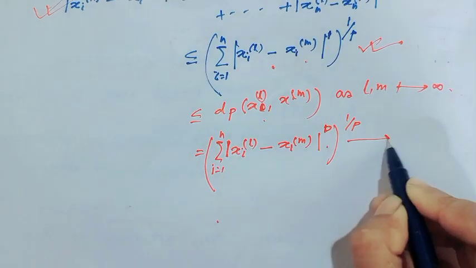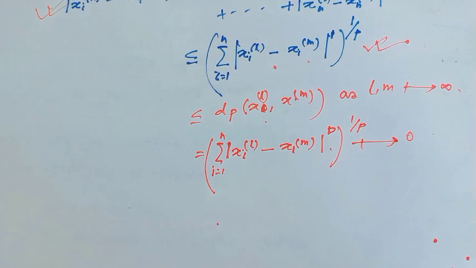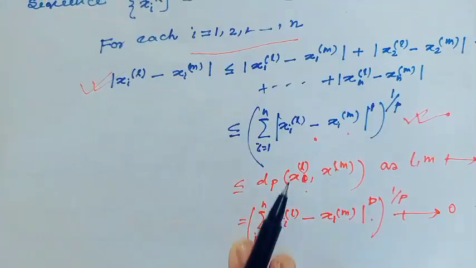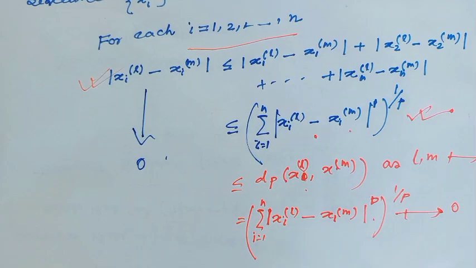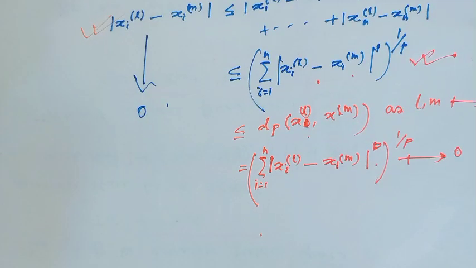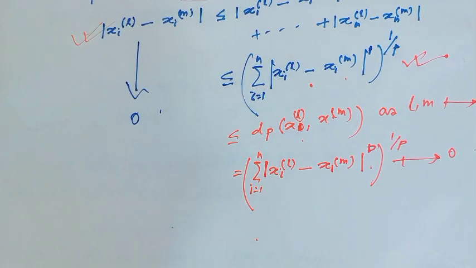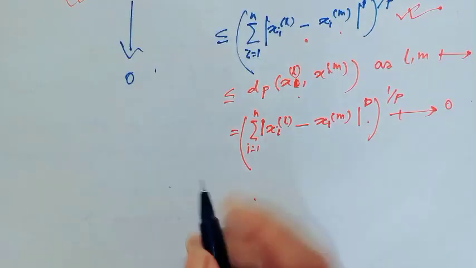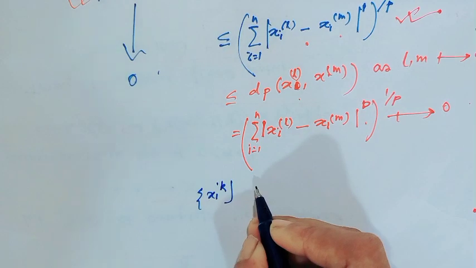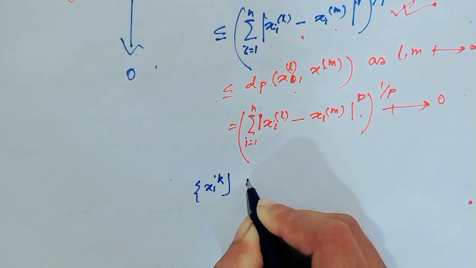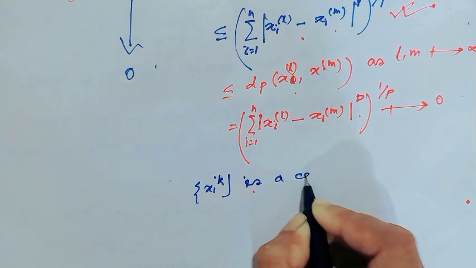That means this part goes to 0, and therefore this part actually goes to 0. That means each component of the sequence x_i^k is a Cauchy sequence.